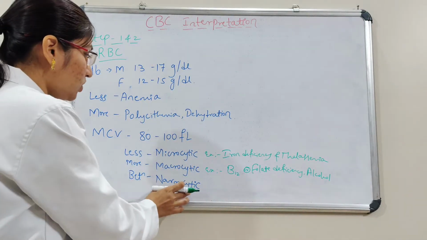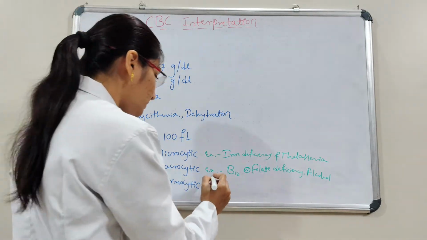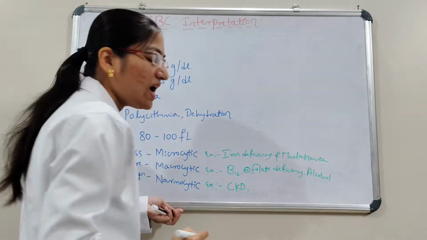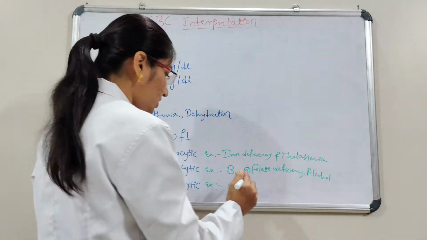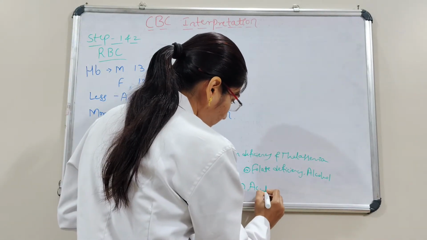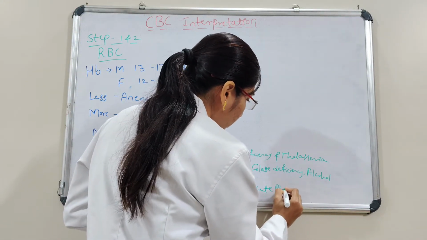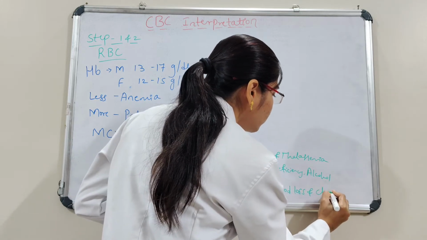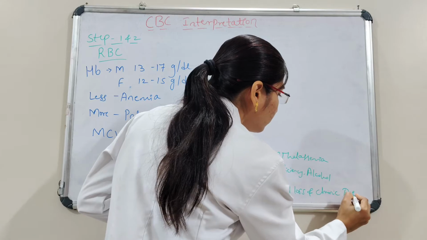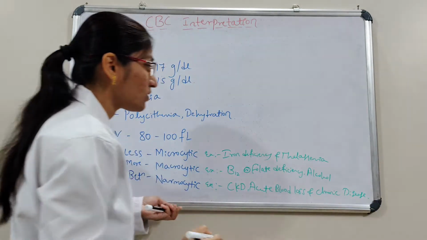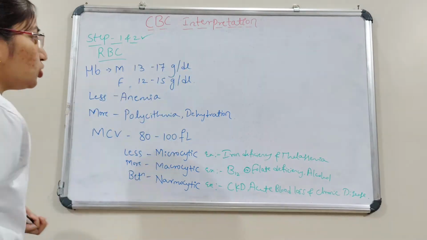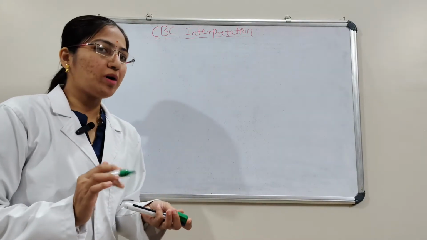And normocytic anemia we can see in chronic kidney disease, acute blood loss and chronic diseases. This is all about steps 1 and 2. Now steps 1 and 2 are completed.